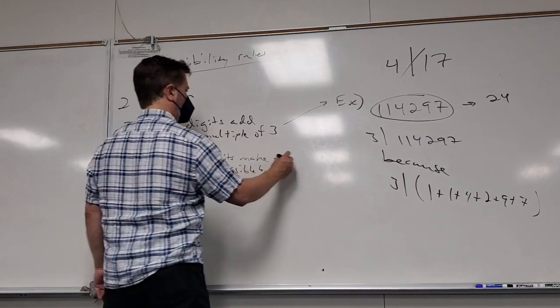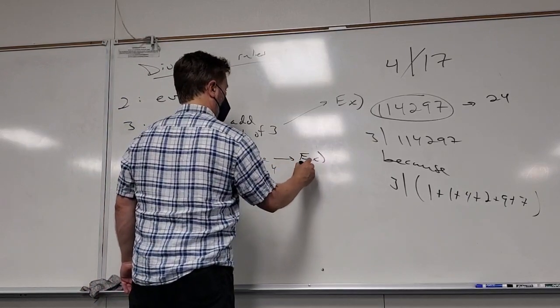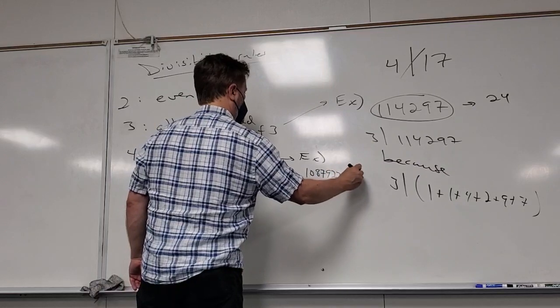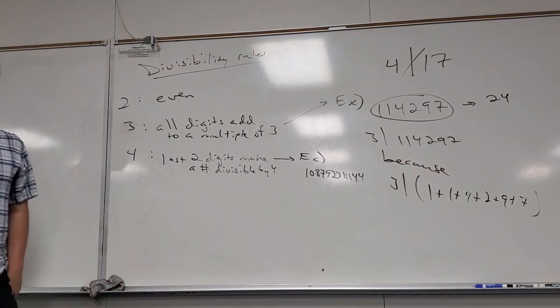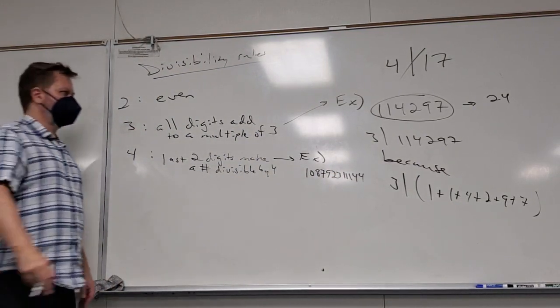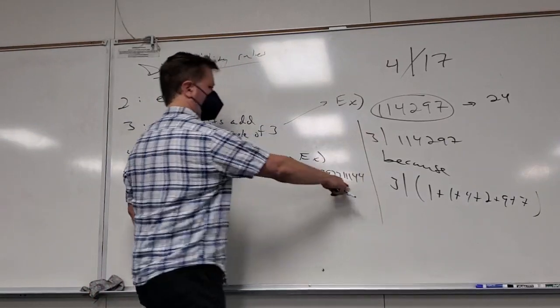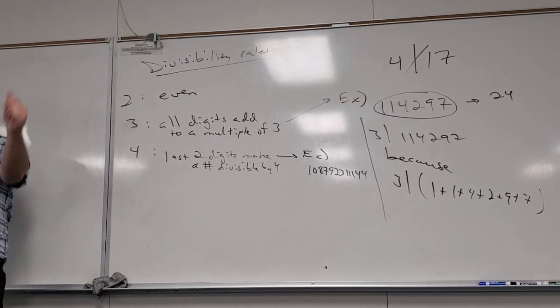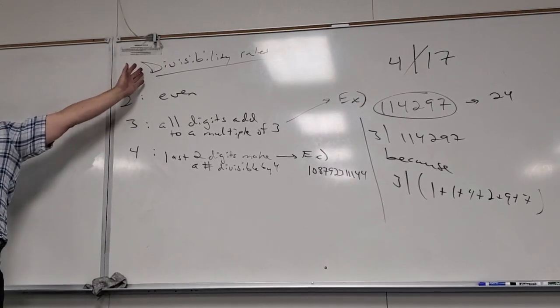So for example, 1087923111144. Why is that divisible by 4? Because the last 2 digits make 44. That's divisible by 4. So the whole thing is divisible by 4.